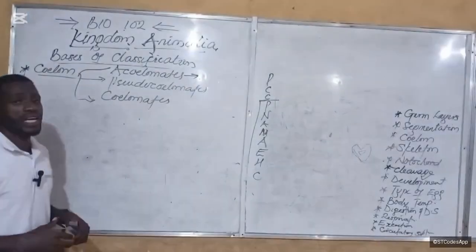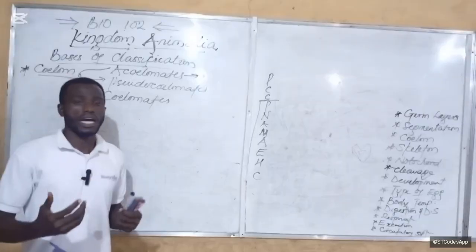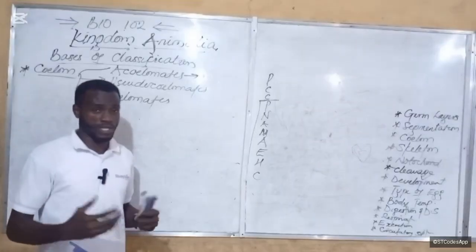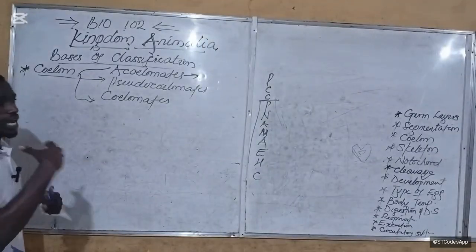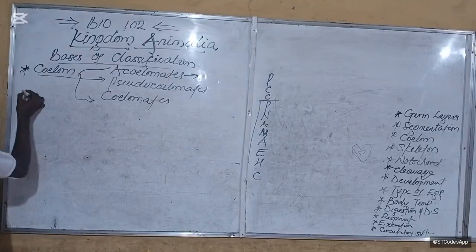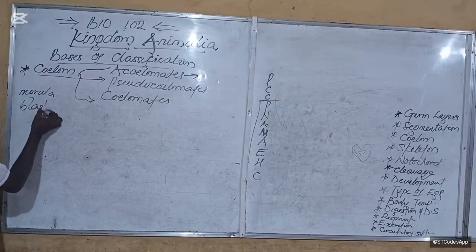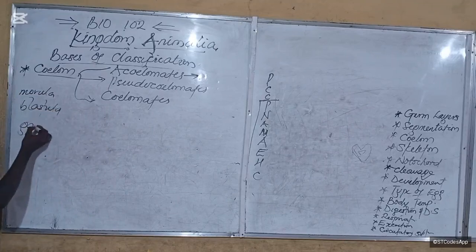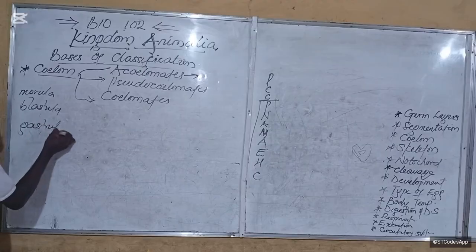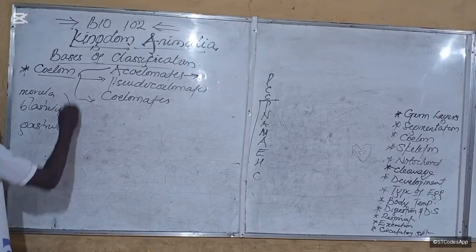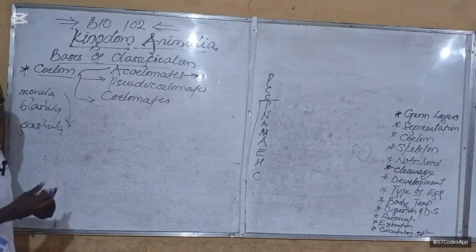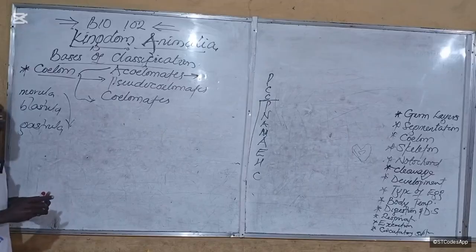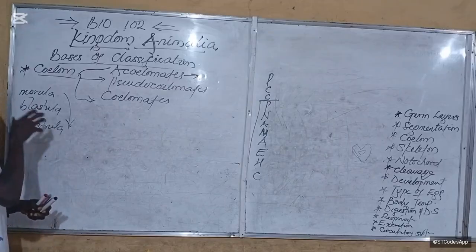Okay, so during the embryonic development of an organism, you already know we have the morula, blastula, and gastrula, right? As the body is undergoing division, it is forming into these embryonic stages.